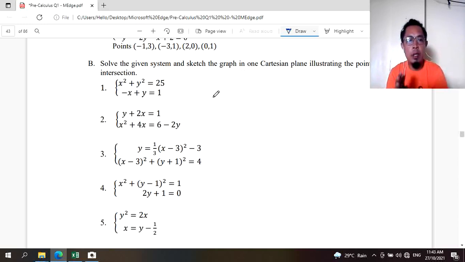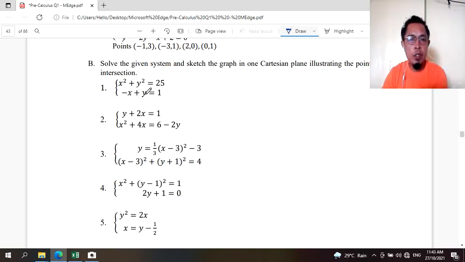Next, we are going to solve the given system and sketch the graph in one Cartesian plane, and then show the point of intersection. So we can adopt example number 1 here: x squared plus y squared equals 25. Obviously, that one is a circle.